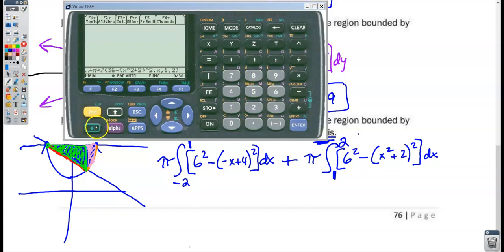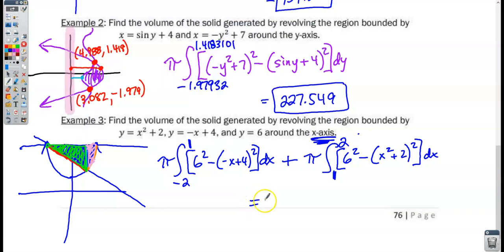And this should lead me to my answer. I get 193.103. Let me verify that I typed everything in correctly. Yep, it all looks good. And so my volume is 193.103. And there's my volume of that solid.